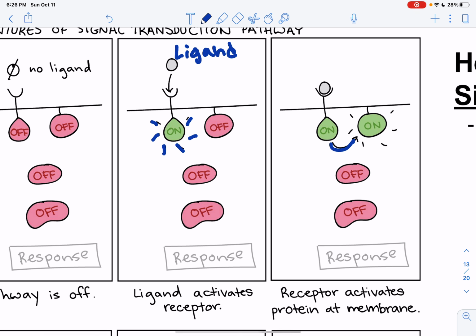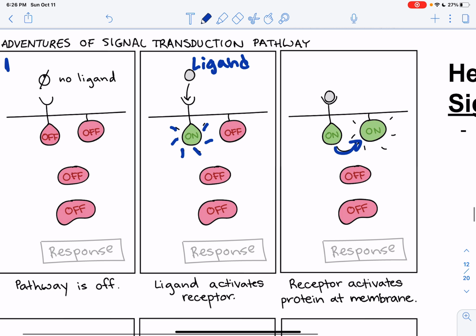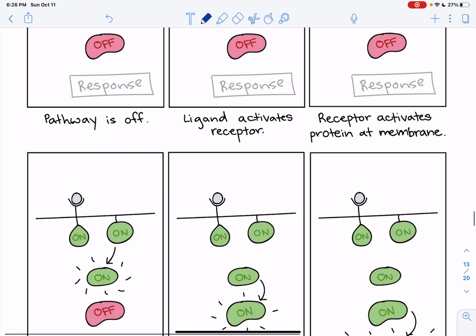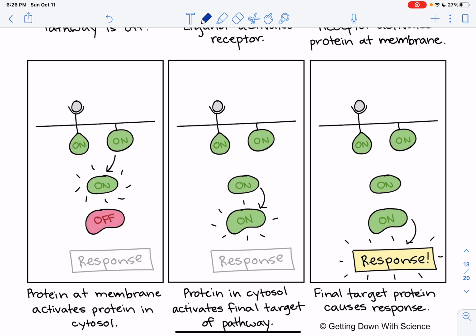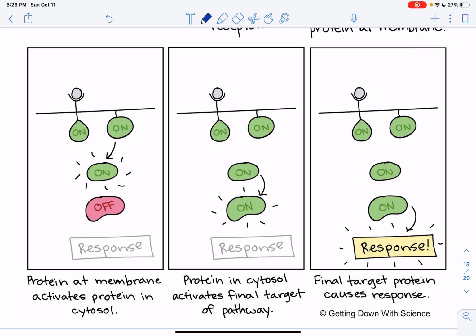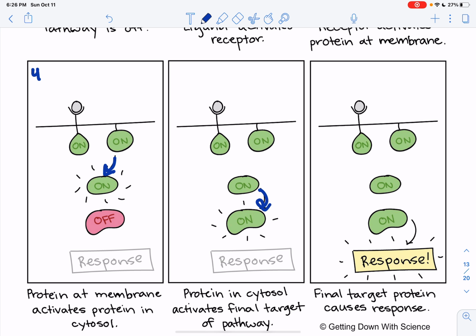That receptor is then going to activate the protein that is involved in the signaling transduction. That protein is going to activate a protein in the cytosol, and that next protein is going to activate the final target. And this final target could be cAMP, which is eventually going to cause a final response, the response that we are needing.